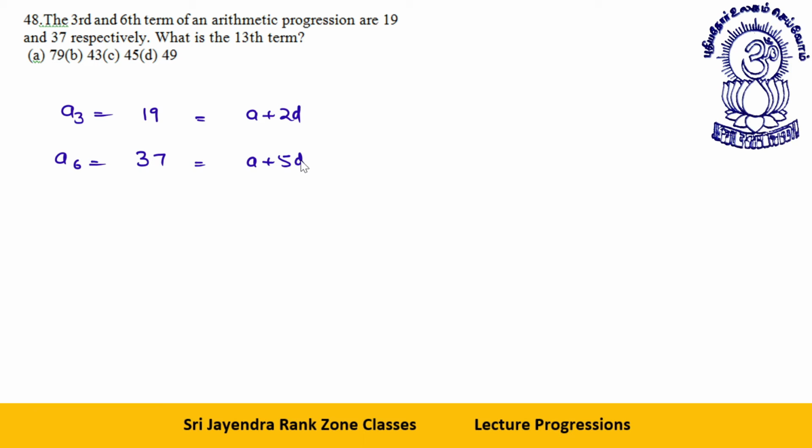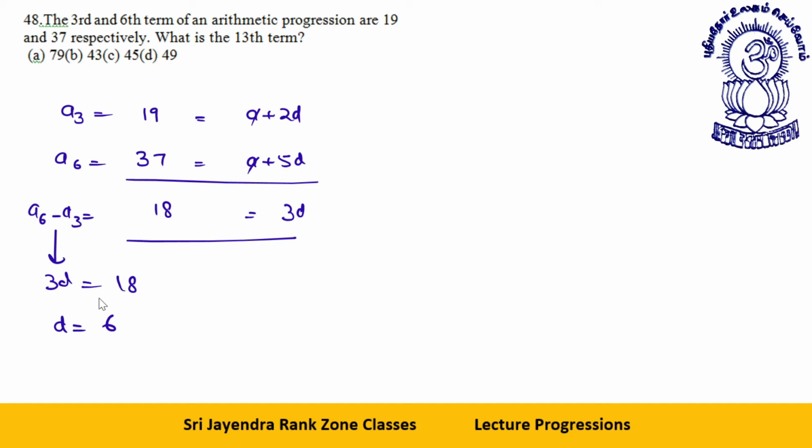A6 minus A3 will be, the A's will cancel, 5D minus 2D is 3D, equal to 37 minus 19, that is 18. So from here you can directly say the difference between these two numbers is 3. So 3D is equal to 18, D is equal to 6.